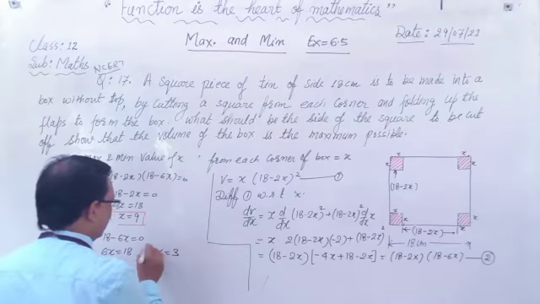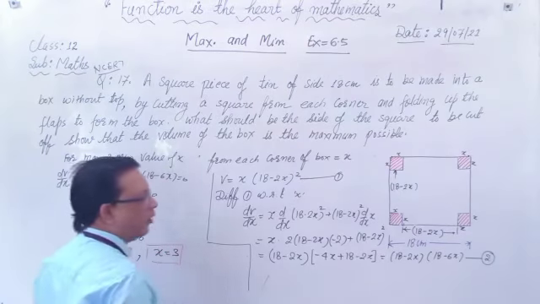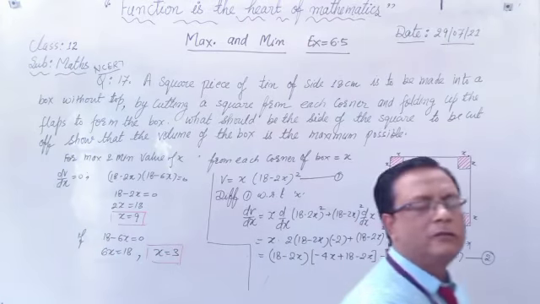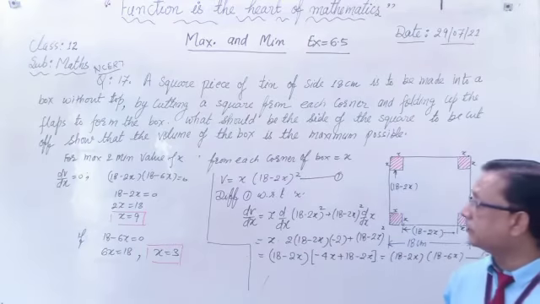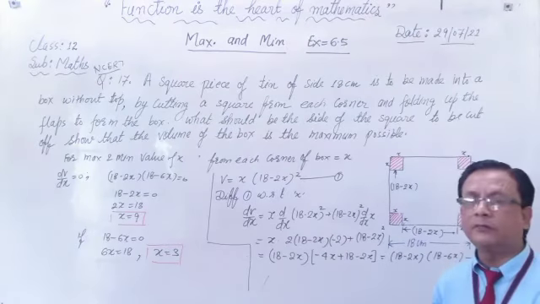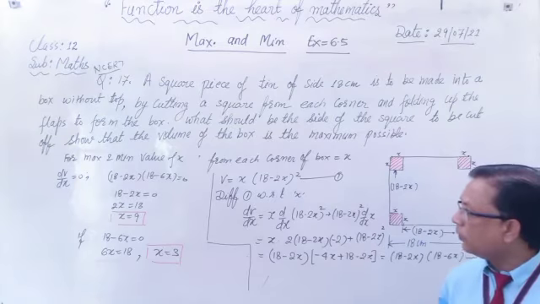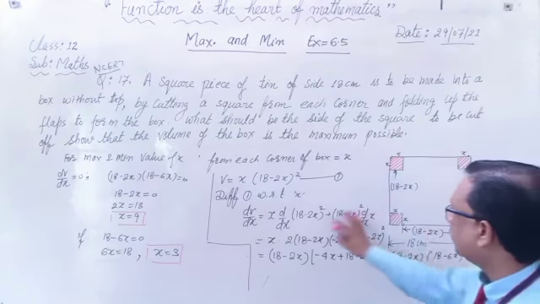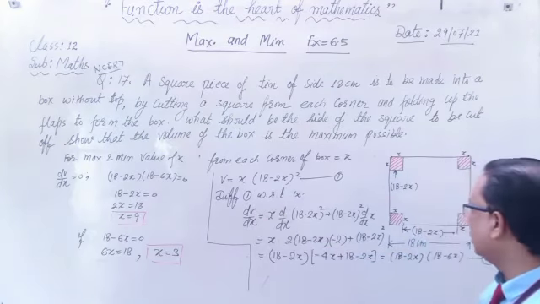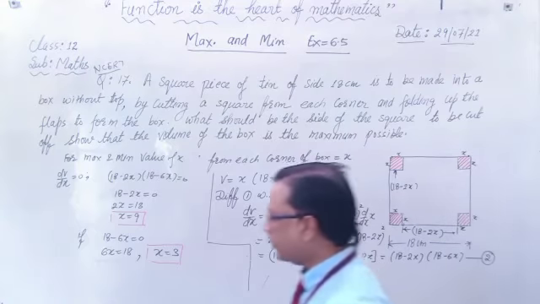Now we find two values of x here, but we don't know which is the maximum value and which is the minimum value. For this we differentiate the second equation again.